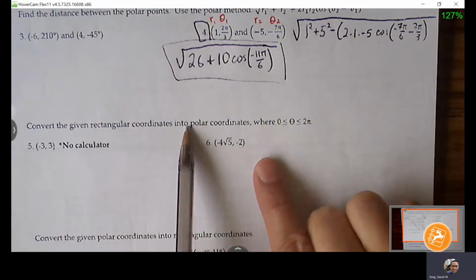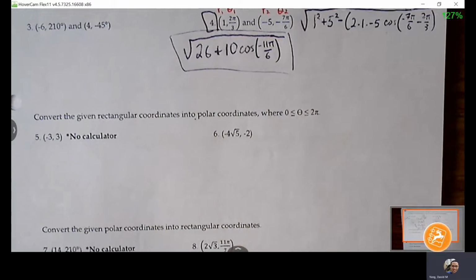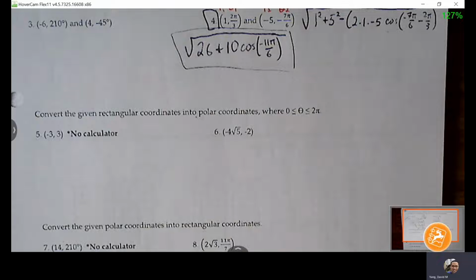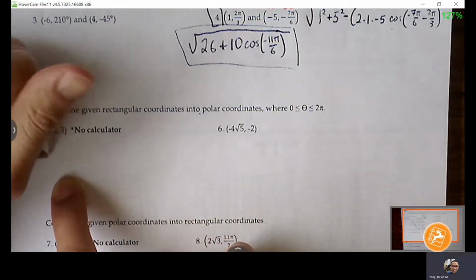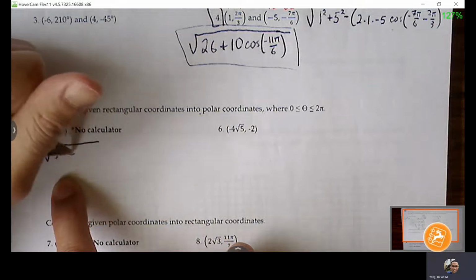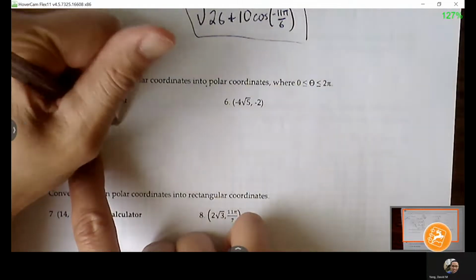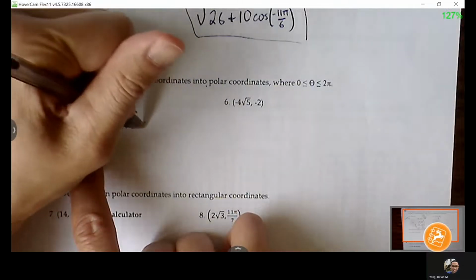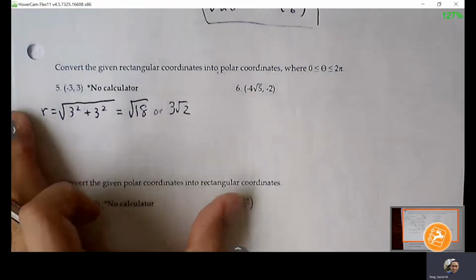So this is where we have to involve our Pythagorean theorem and inverse tangent. Okay, if you don't simplify your root all the way down, it's okay.